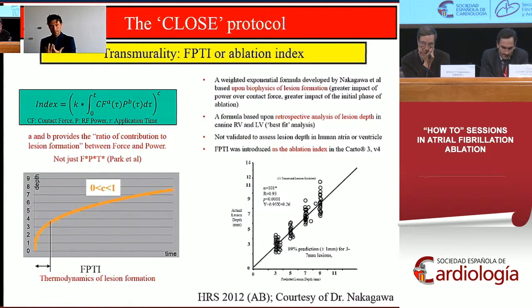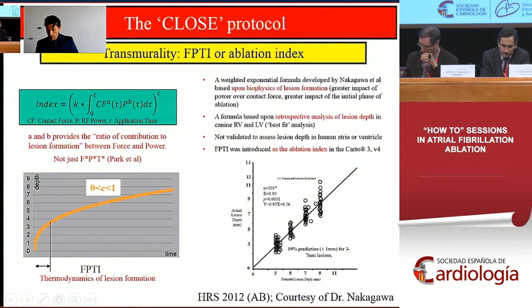So there is a greater impact of power, and this is known in literature, that power is more determining than contact force per se. And when you look at this formula, by mathematical rules, this will follow this mono-exponential curve, and this is typically a graph that reflects the thermodynamics of a RF lesion. Whereas FTI suggests you have a linear lesion, FPTI will describe this mono-exponential curve.